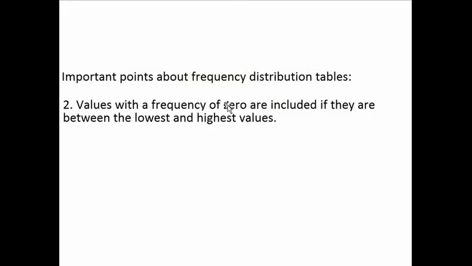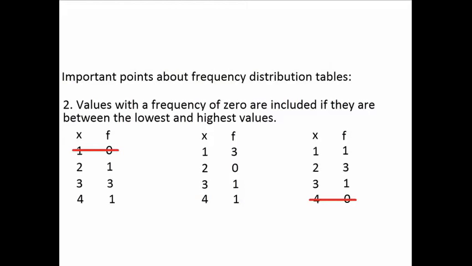Values with a frequency of 0 are included only if they are somewhere between the lowest and highest values. And I'll show you an example of what I mean. If this was our data set here, and we had 1, 2, 3 3s, and 1 4 in the data set, and we didn't have any 1s in the data set, we actually wouldn't include 1 in the X column.